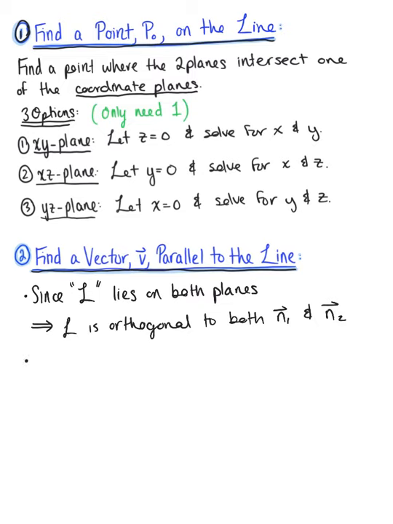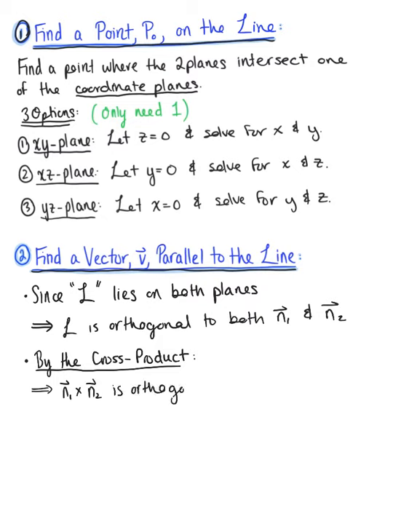Keeping that in mind, we also know by the cross product that the cross product of two vectors is orthogonal to the plane containing those two vectors. So we can say that the vector n sub 1 cross n sub 2 is orthogonal to both vector n sub 1 and n sub 2.